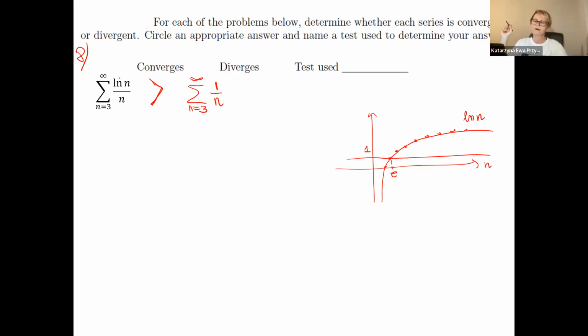Correct, yes. Then what do we have on the right-hand side? Yeah, we can compare this. Let's say natural log of n and 1. This is definitely greater because 1 will be 1. 1 is not changing. We have harmonic, we have divergent.